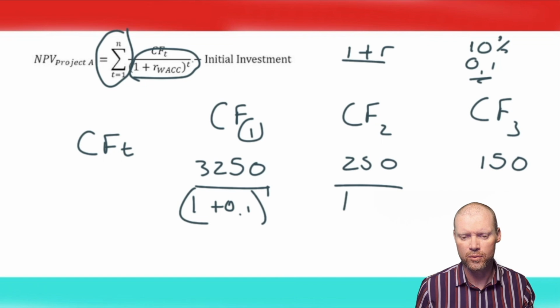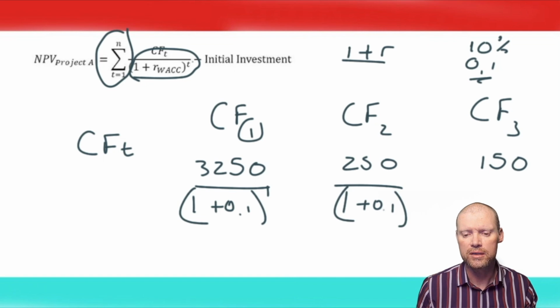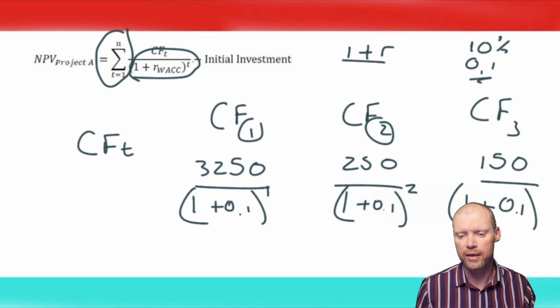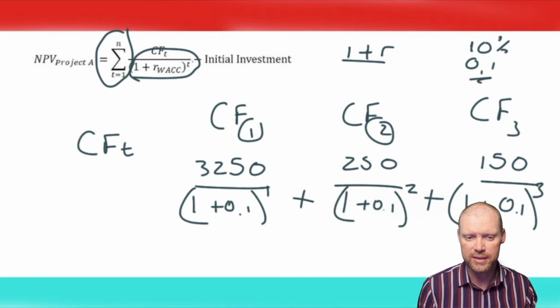This will be 1 plus 0.1, which we know will be 1.1, to the power 2 in the case where t is 2. And here we will divide by 1 plus 0.1 to the power 3. That's how we do the discounting there. So we will add all of these values together. That's what we do with the summation here.